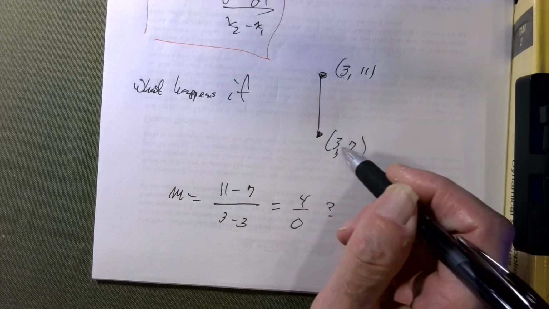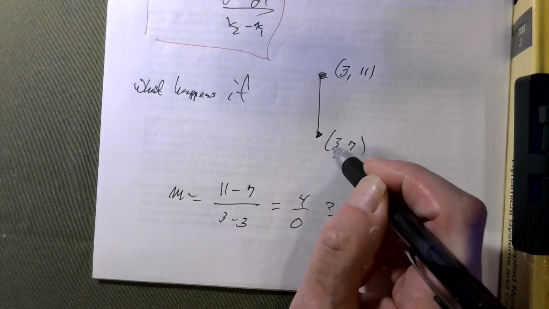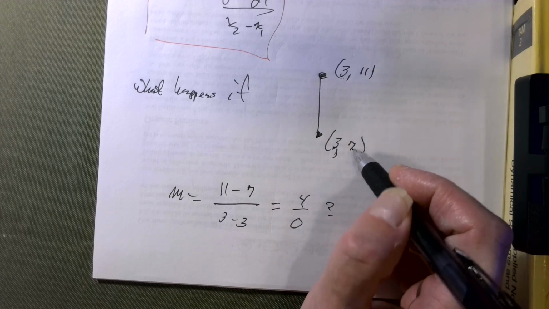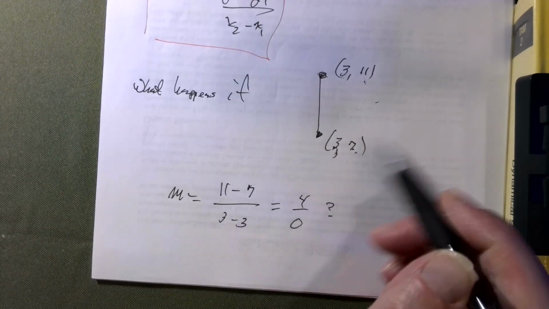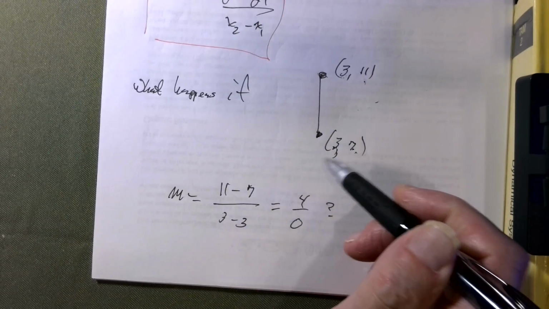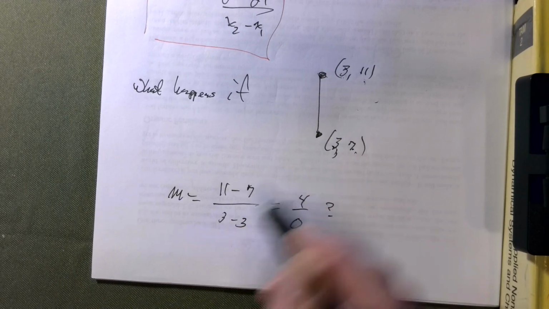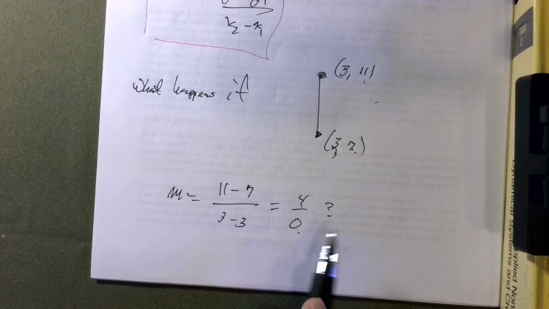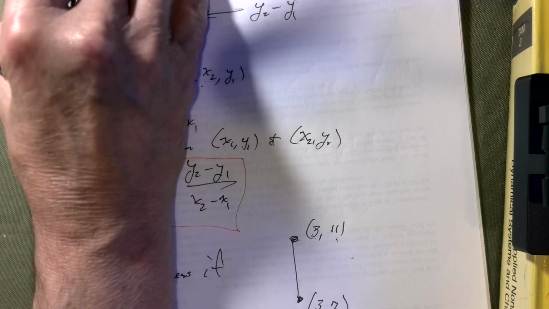Notice that the x values are the same, the y values are different. So if we take the difference in the y values, and it doesn't matter which one you take as your first point and second point, and 3 over 3, you're going to get 4 over 0. And if you try to put that into your calculator, it's going to say undefined.